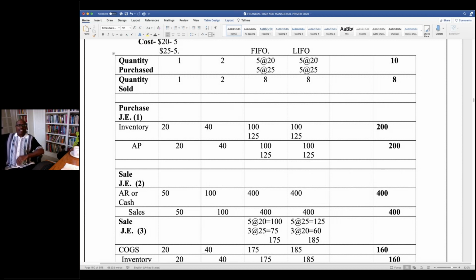But can we change this method after a year, once we file one tax return? No, you can't. There's an accounting concept that's called what? Consistency.